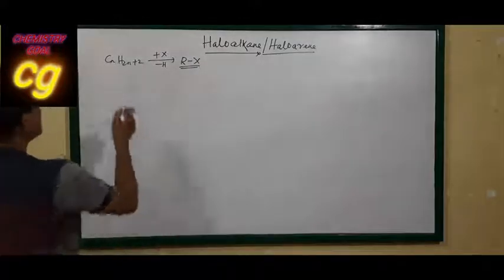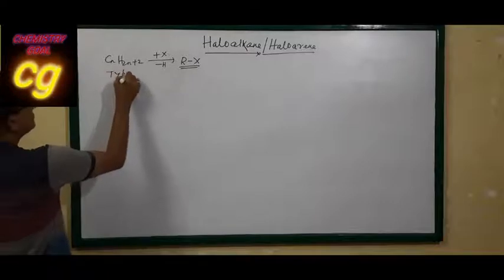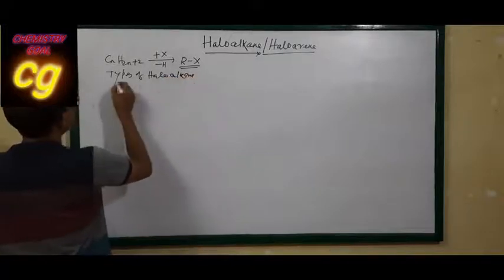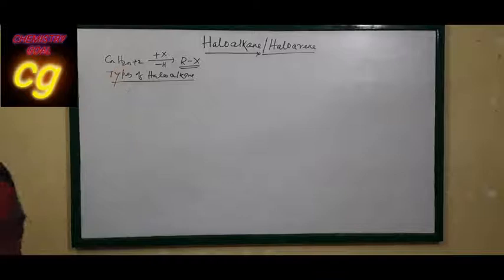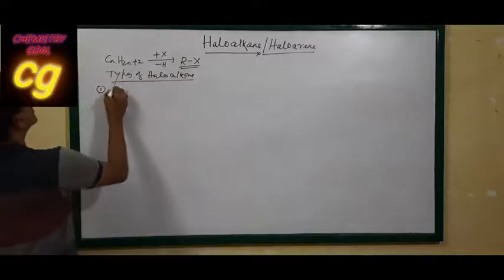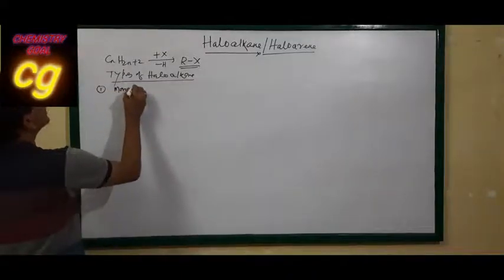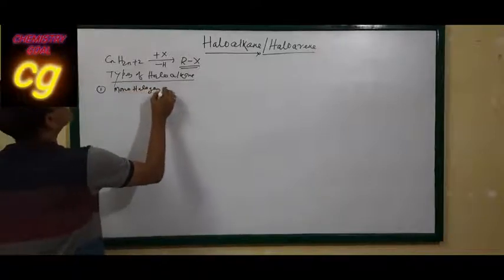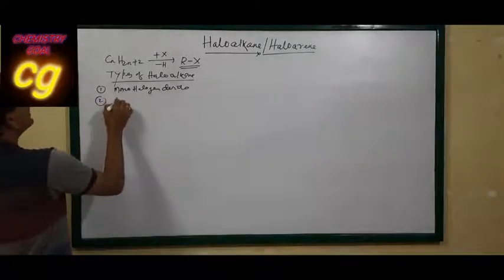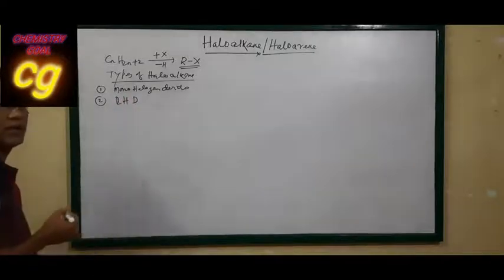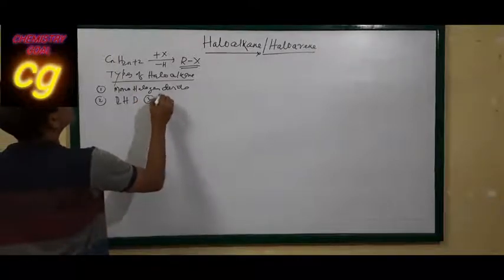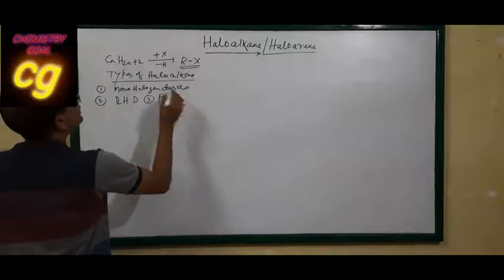So, types of haloalkane: we discuss on the basis of the number of halogens, it may be a monohalogen derivative, or a dihalogen derivative, or a polyhalogen derivative.